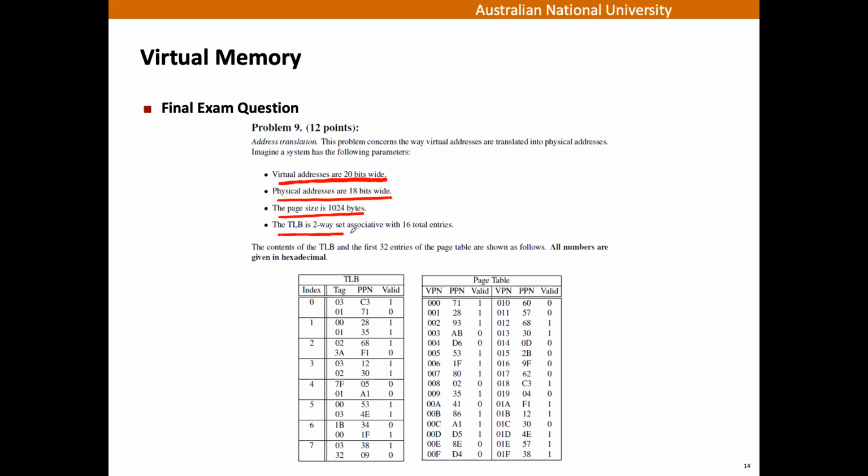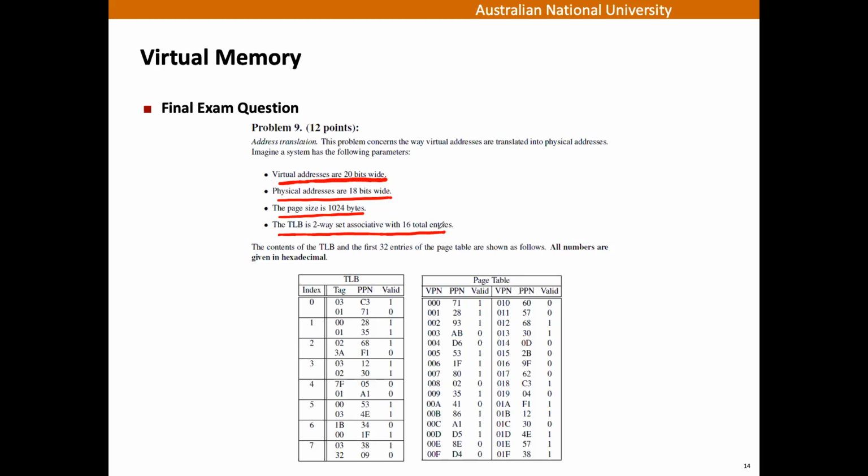The TLB is 2-way set associative with 16 total entries. TLB is a cache for what? TLB is a cache for the page table. The page table resides in main memory. It is maintained by the operating system. Main memory is slow. We want fast access to page table entries.